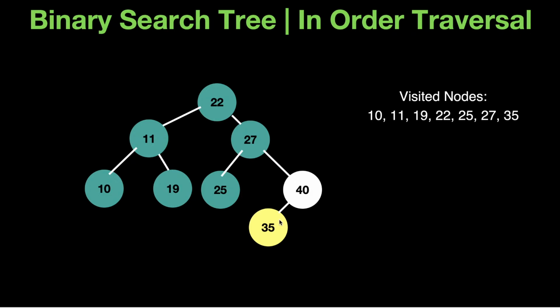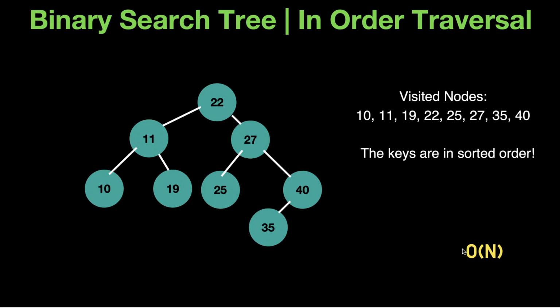We go to 35, visit it because it is the leaf node, and then we come back. We visit 40 because we have already traversed the left subtree. It is the turn of the node itself, and then we go to the right subtree, but it doesn't have a right subtree, so we just return back to the root. And this traversal order is known as in-order traversal.